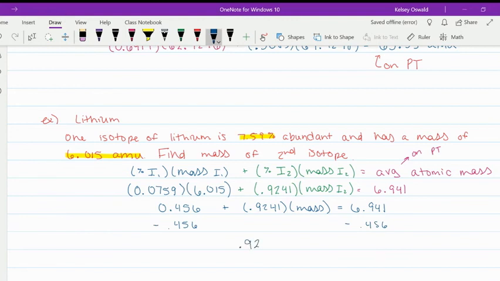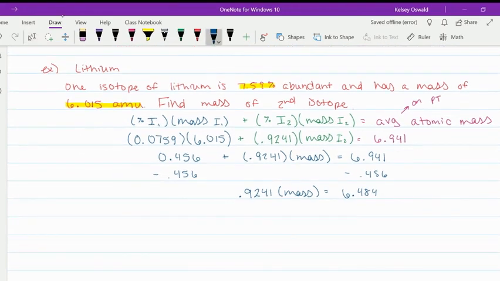And we'll be left with 0.9241 times our mass is equal to 6.484. And then to undo the multiplication on our left-hand side, we'll divide both sides by 0.9241. And we'll find that the mass of our second isotope is 7.02 AMU.